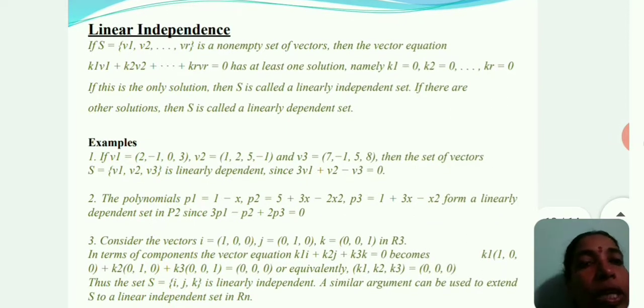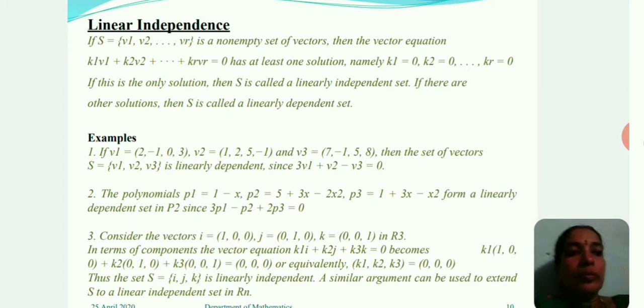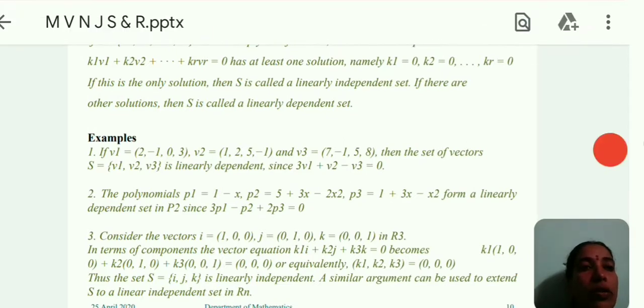Now see the definition, linear independence. If S = {v1, v2, and so on up to vr} is a non-empty set of vectors, then the vector equation, that means the linear combination k1 v1 plus k2 v2 plus and so on up to the last, kr vr, equal to 0, has at least one solution, namely k1 = 0, k2 = 0, and so on up to the last element kr also equal to 0.